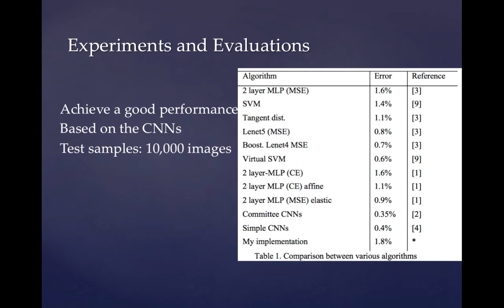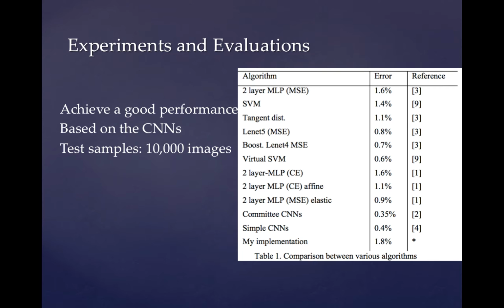This is the experiment's result. We can see at the top of the table are implementations of some state-of-the-art algorithms, including models such as the SVM, boosting, and the MLP, and some very advanced deep learning methods, such as committee CNNs and simple CNNs, which can achieve very good performance.